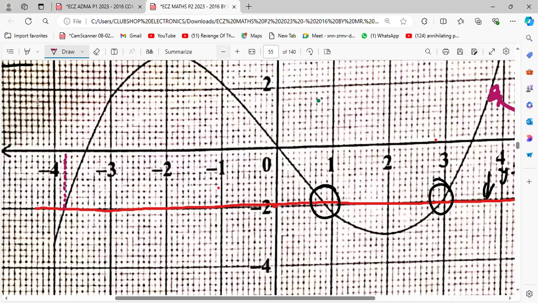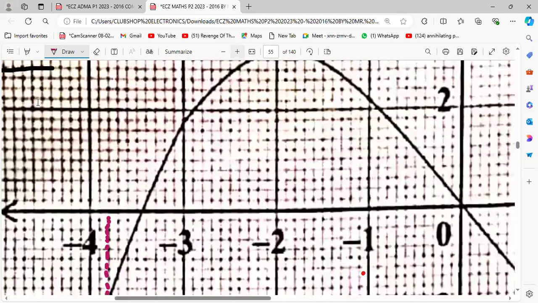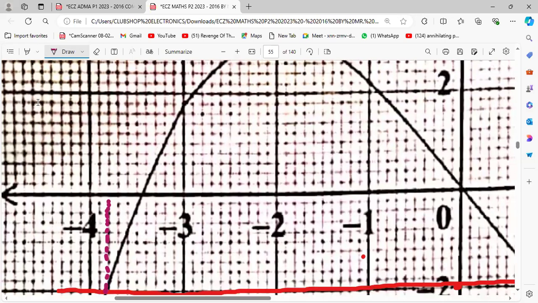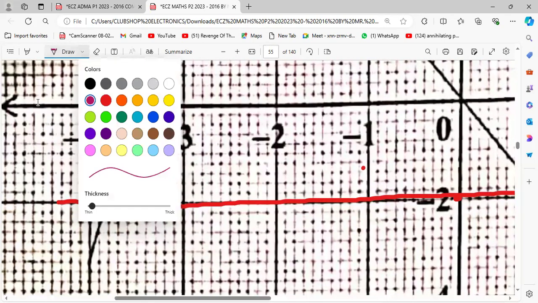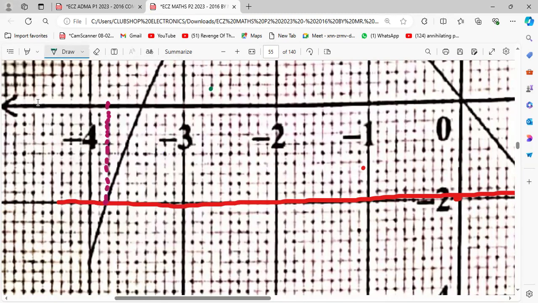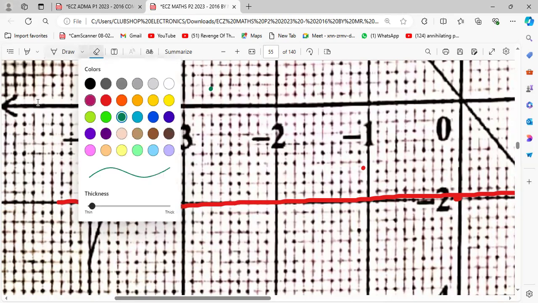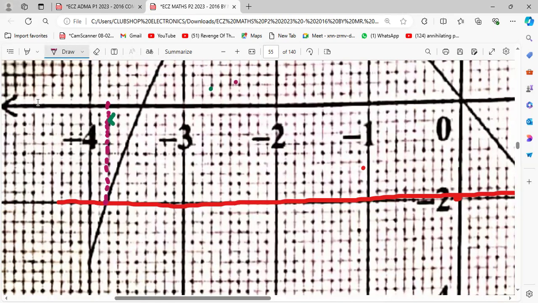I'll try to zoom so that we can see. Remember, this is -3. What do we get? I think it would be -3.8. We are done with that one.